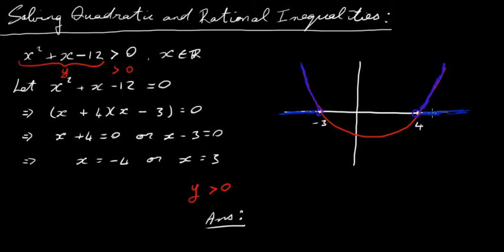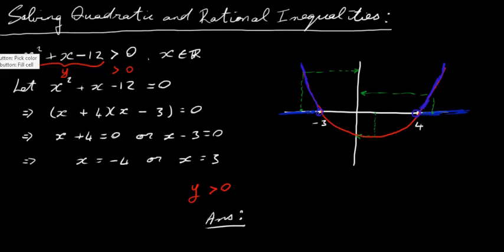So this x value, for example, will give me this positive y value. If I was to pick an x value in here, I would come down to the graph, go across, and I would end up with a negative y value, a y value less than 0, and that's not what we require. So we don't need these x values in here, we need these x values out here.